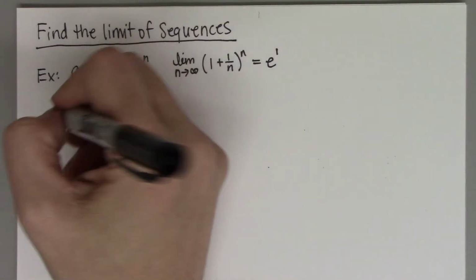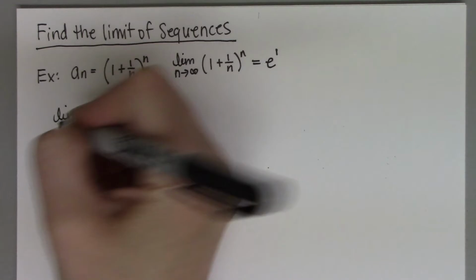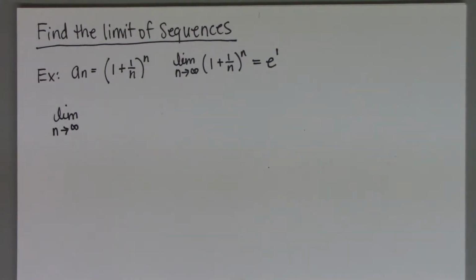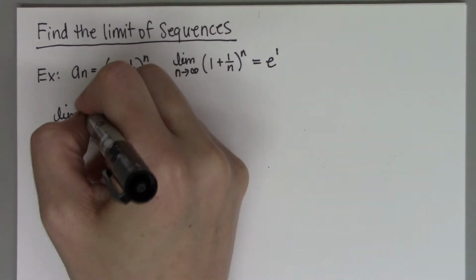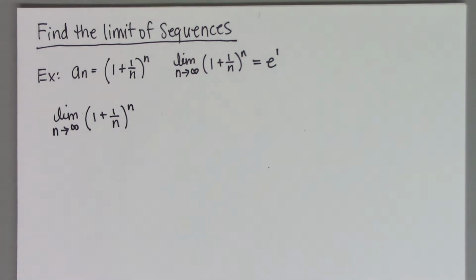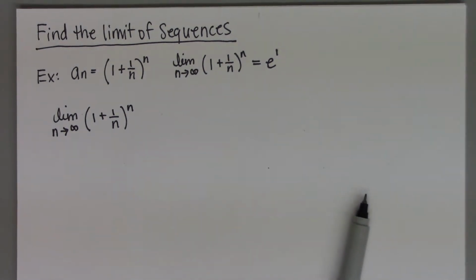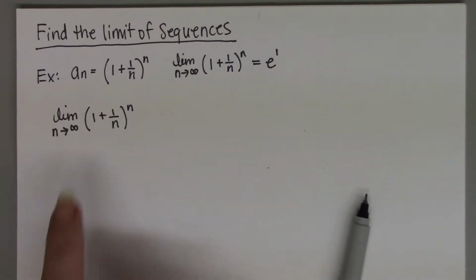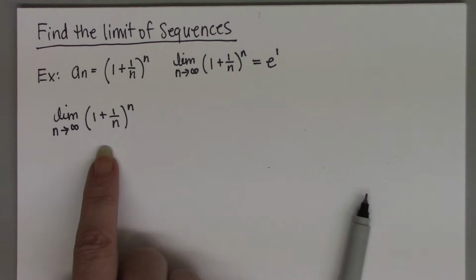So if we set up the limit, right, when we're finding the limit of a sequence, we always take the limit to infinity. And I want to evaluate this limit. So a seemingly logical chain of thought that is incorrect would be to look at this limit.